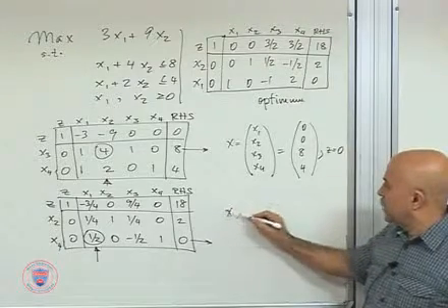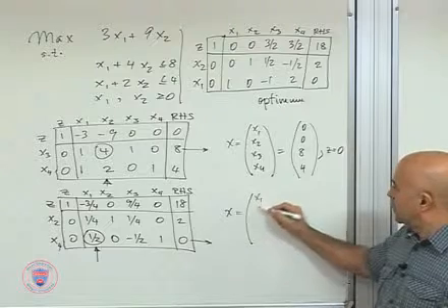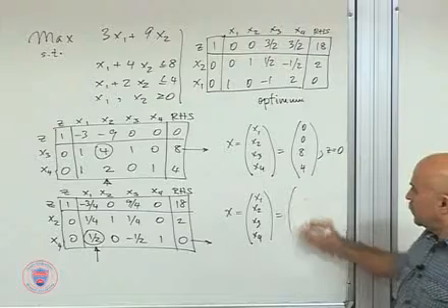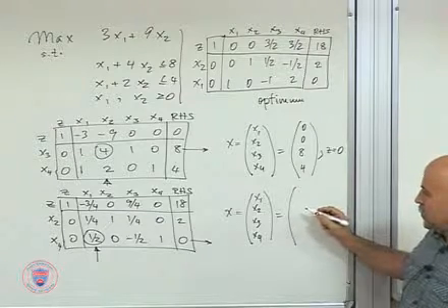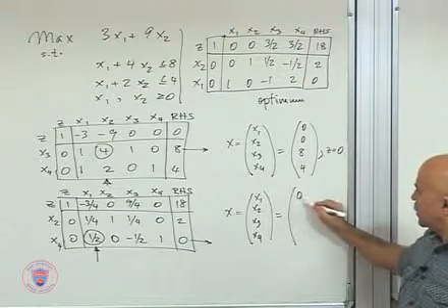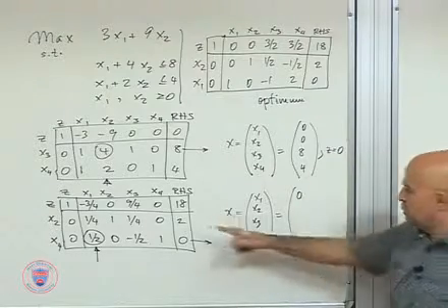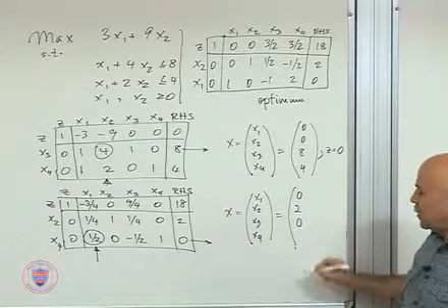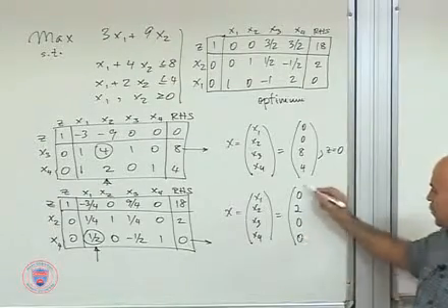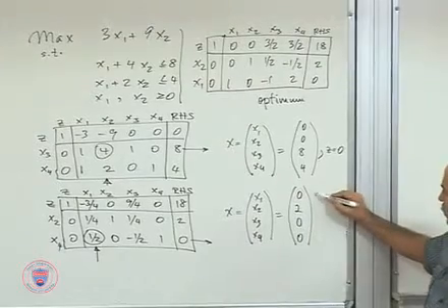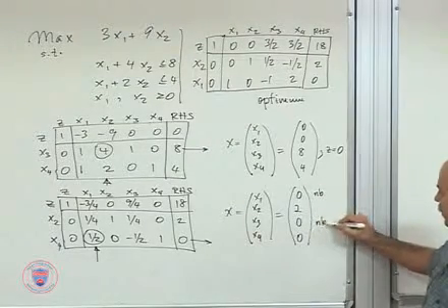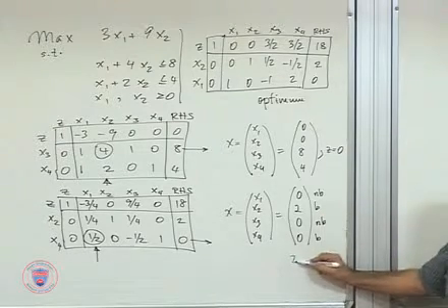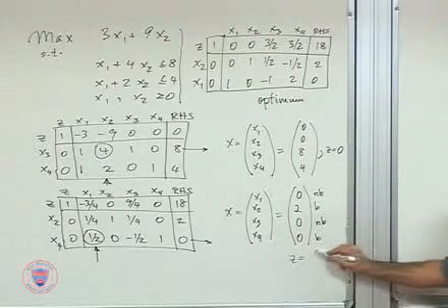In the second Tableau, the solution becomes x1 is 0 because it's non-basic, x2 is 2, x3 is 0 because, again, it's non-basic, x4 is also 0, but it is basic. So non-basic, non-basic, the other ones are basic. And the corresponding objective value is 18.